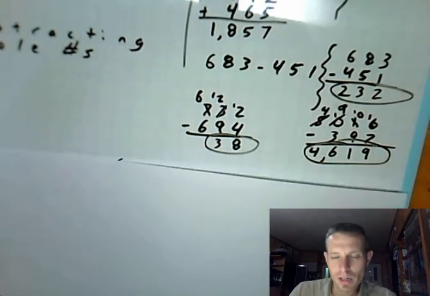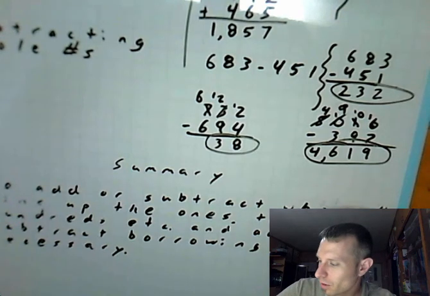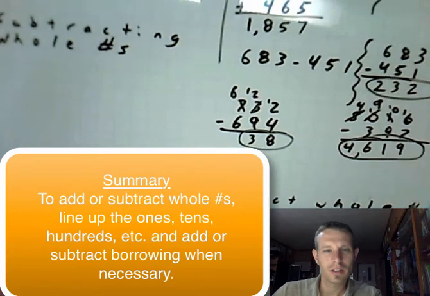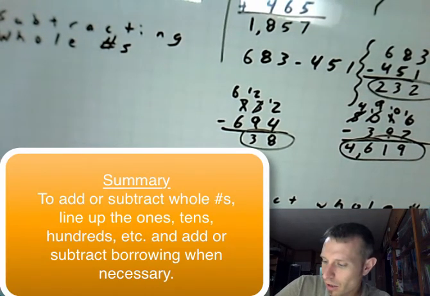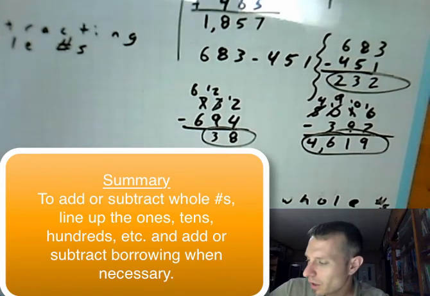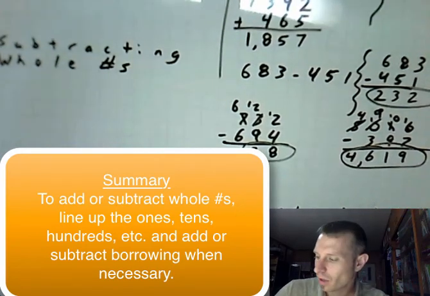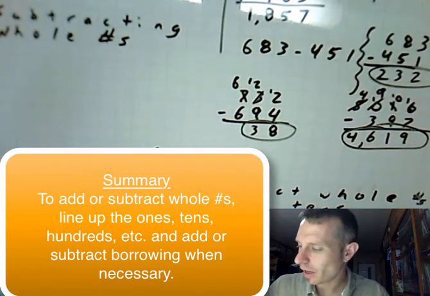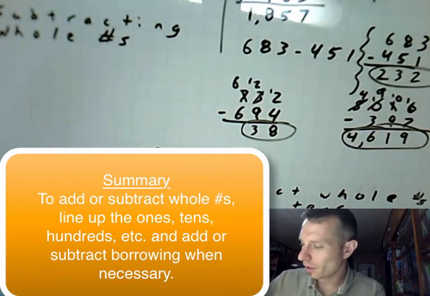But basically, to summarize this lesson, to add or subtract whole numbers, line up the ones and the tens and the hundreds, etc., and add or subtract, borrowing when necessary.